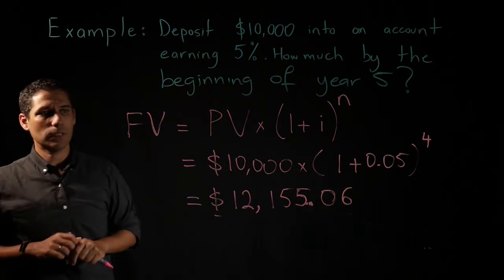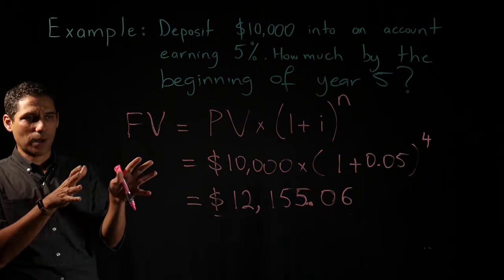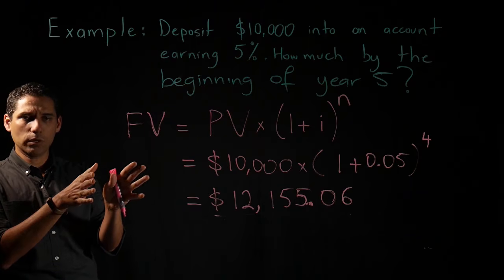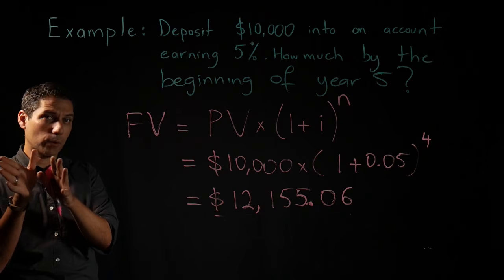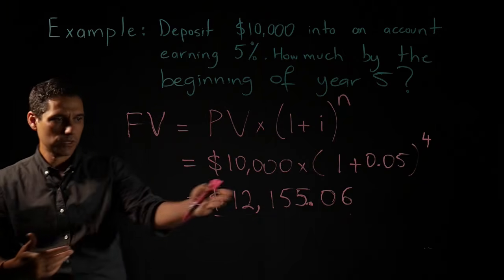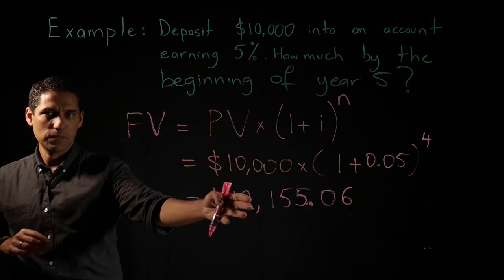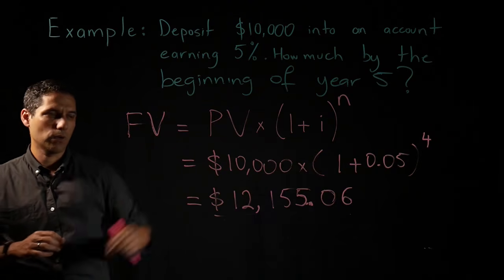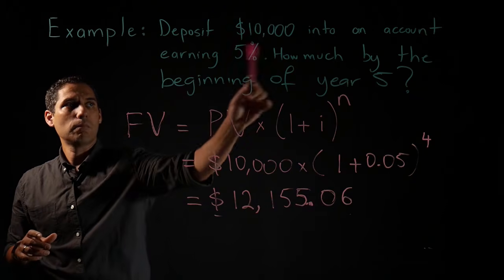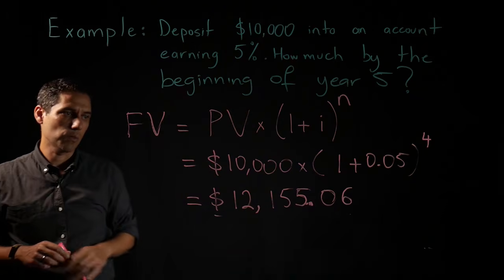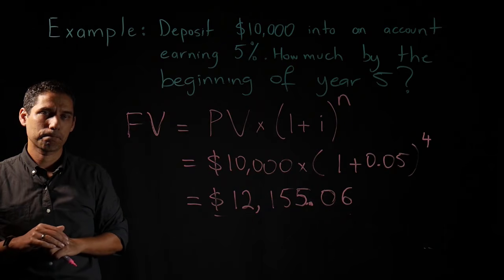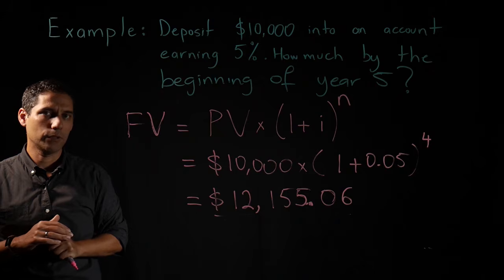And how much is our total interest? So not surprisingly, we now have more compared to the previous example where N was 3. An extra year of compounded interest gave us this much savings by the end of year 4, beginning of year 5. And now our total interest is the amount at the end minus the amount we put in, $2,155.06. So future value of a single cash flow.